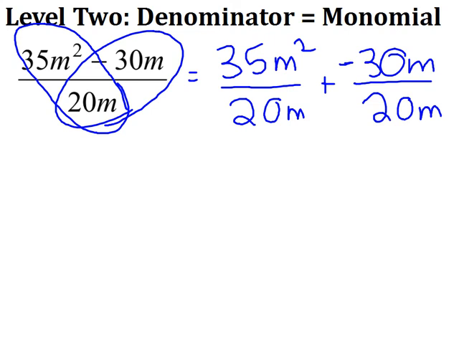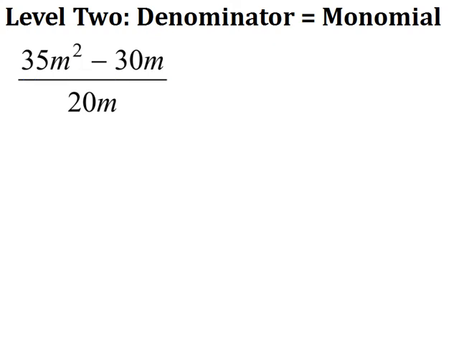However, I would like to propose to you a next method that will be more like what the other methods will lead you to. So the first thing that we want to do, once I know that I'm dealing with a binomial, not a monomial, is factor out a GCF as much as possible.